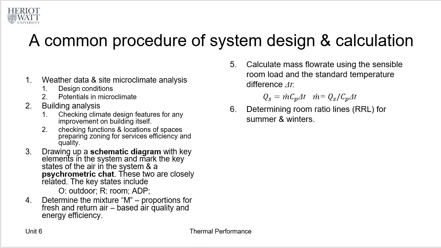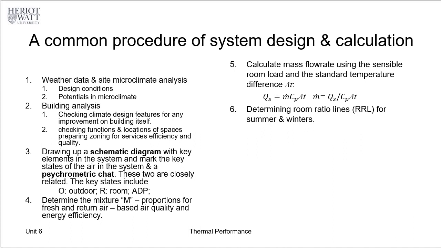So look at the key formula: Q sensible heat equals mass flow rate multiplied by specific heat multiplied by the temperature difference between supply and room. So the QS, the sensible heat gain, is what we calculated based on what we talked about in Unit 5, the room loads.